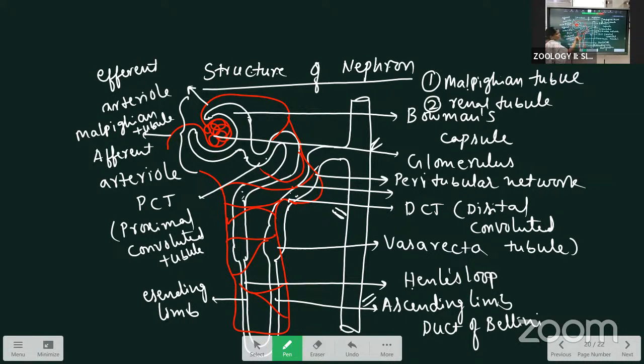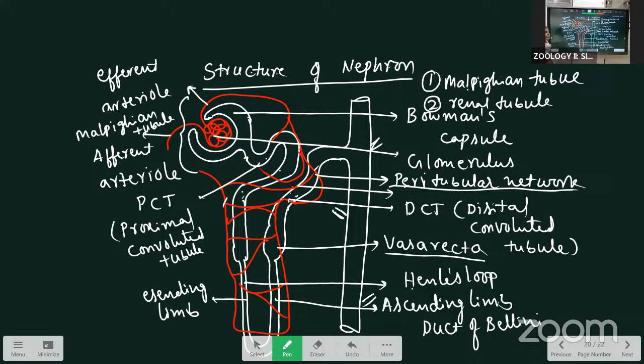Those blood vessels we call the peritubular network. We have divided the blood vessels into two: those surrounding the PCT and DCT are called the peritubular network, and only those blood vessels surrounding the Henle's loop we call the vasa recta.